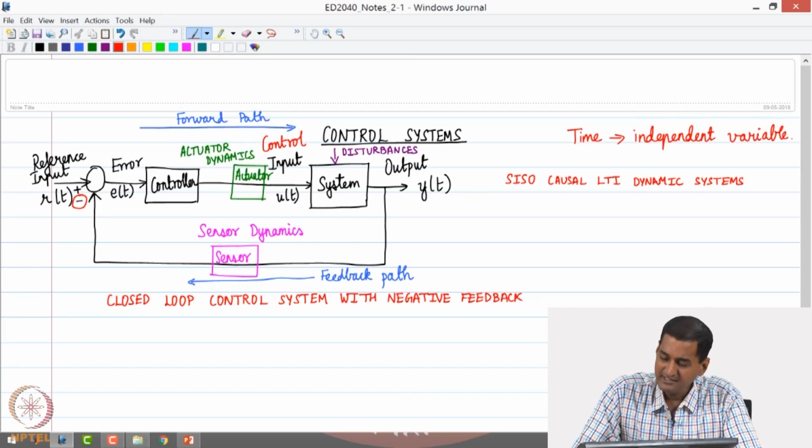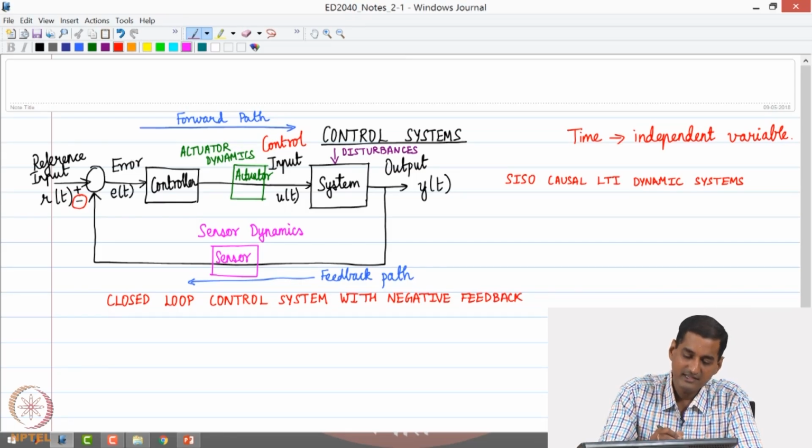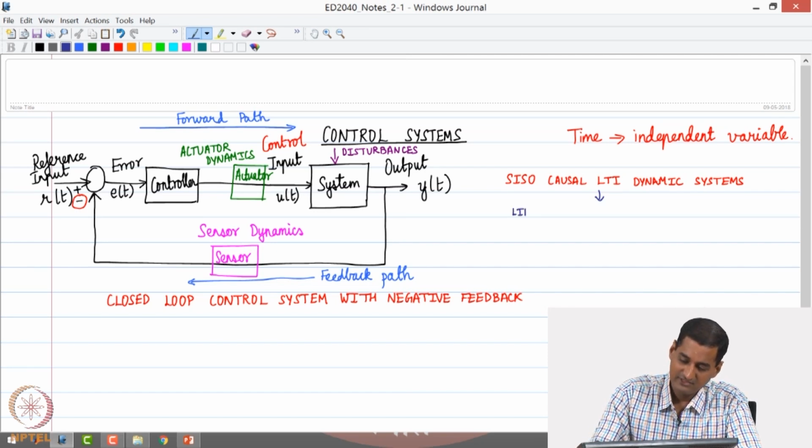It so happens that if we want to model this class of systems using mathematical models, the mathematical models that are typically used for this class of systems by and large take the form of linear ordinary differential equations with constant coefficients.